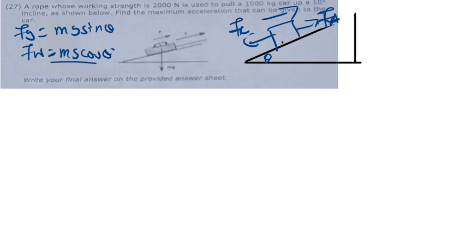Let's do fast, guys. We can sum up the forces since it's going that side. The applied force will be positive. The friction force would be negative, and the force of gravity will be negative.